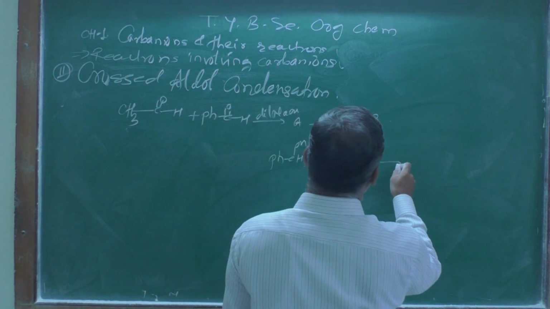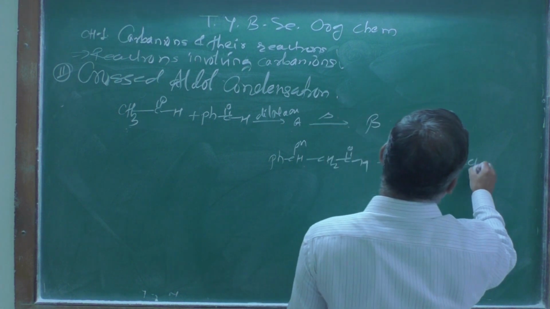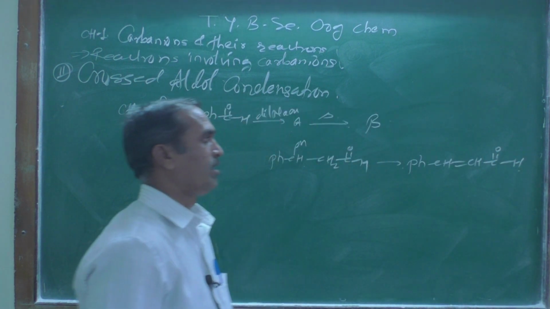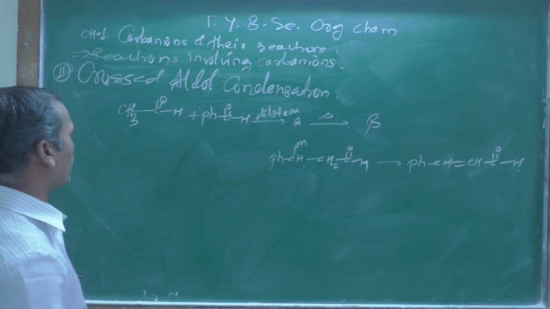And the B product, just heating it, we are going to get here Ph, CH double bond CH, C double bond O H, that is alpha beta unsaturated aldehyde, that is cinnamaldehyde we are going to get over here.